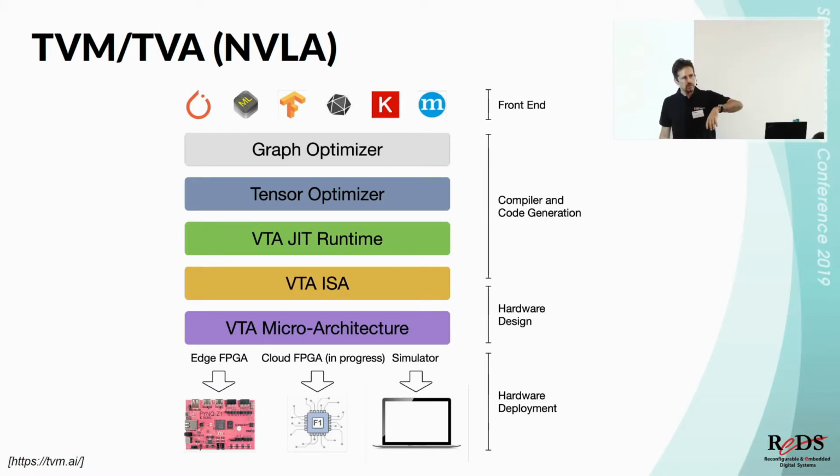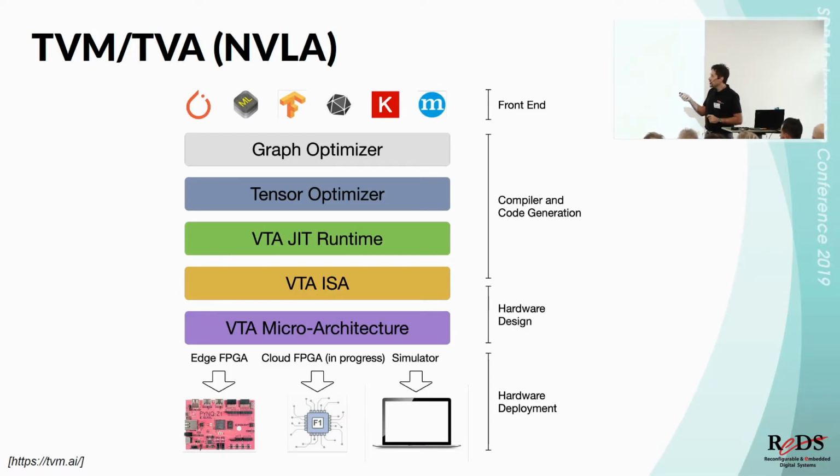You just grab the design that they did for us, and you deploy it on the FPGA. And then they provide quite a complex compiler that takes your model and does graph optimization, tensor optimization, just-in-time compilation, and mapping on the processor itself, and then produces the interface and all the code running on the processor to do the inference.